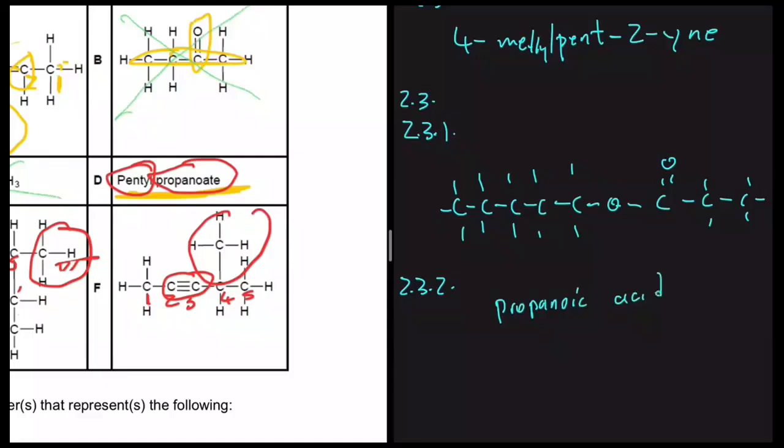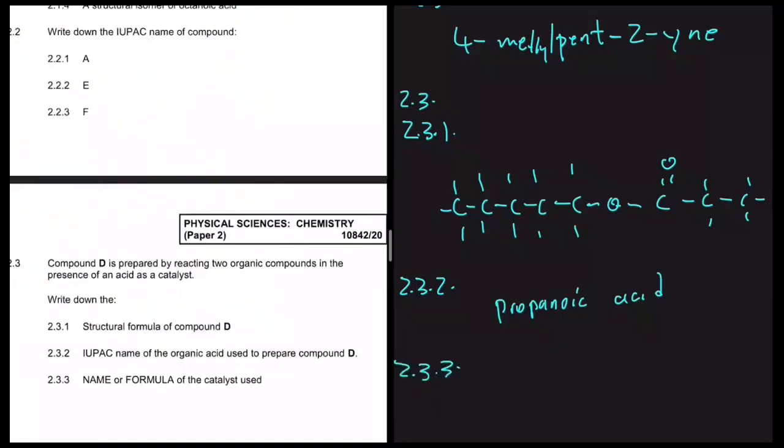And then if the question was saying let's name the alcohol, then it was going to be pentanol. 2.3.3 says let's name or give the formula of the catalyst that is used, right? In esterification, we always use H2SO4 or sulfuric acid.